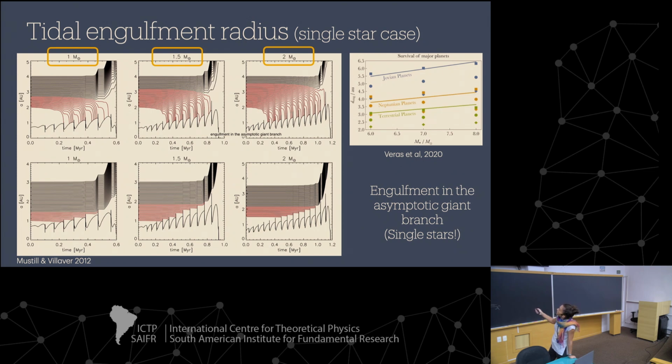For two solar masses, you also have a higher gravitational pull, so the last red line is going to get pulled towards the surface of the star, crash and get destroyed. This is for 2 solar masses, and then the same work was done by Veras for larger stars, of 6, 7 and 8 solar masses.